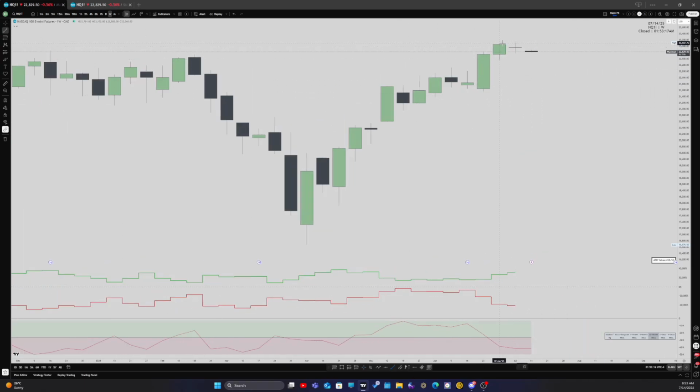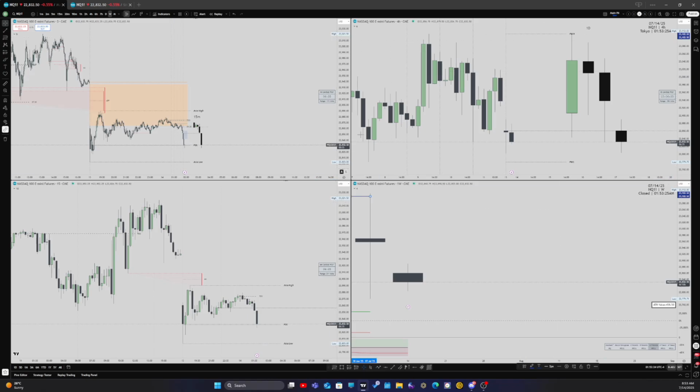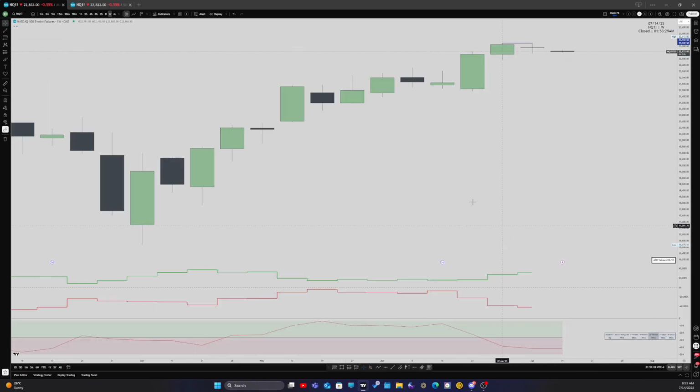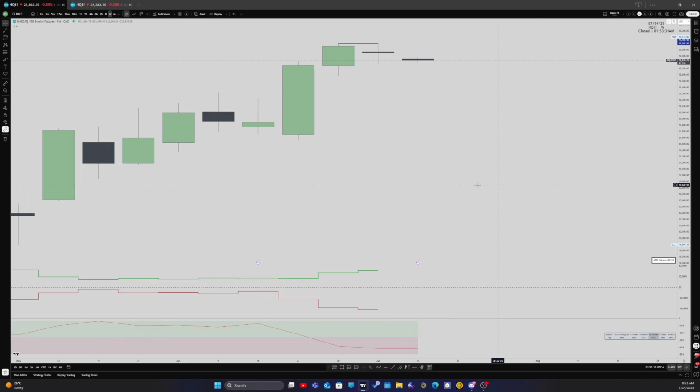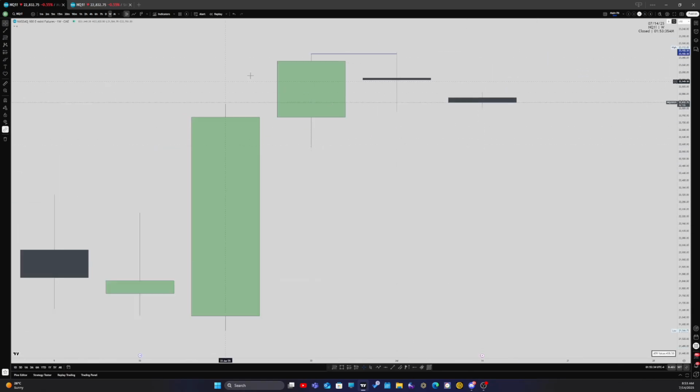price has actually done this. So it has taken this liquidity at the all-time high, manipulated it. Let's go back to that. Yeah, it manipulated.